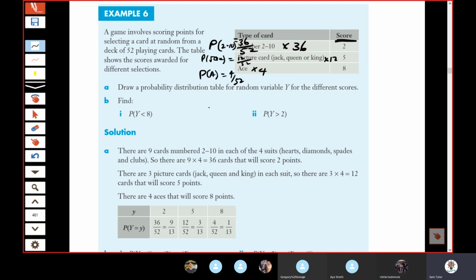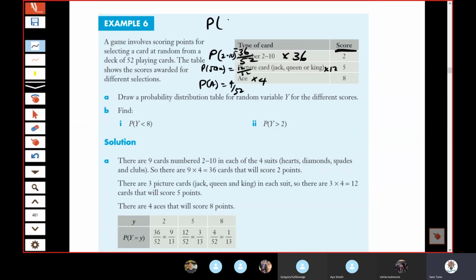Yeah, and I was trying to say, you getting a score of 2 is the same as you picking any number from 2 to 10. So if I asked you back in year 9 and year 10, what's the probability of getting a number between 2 to 10, you would have also said 36 out of 52, because there are 36 cards out of 52.